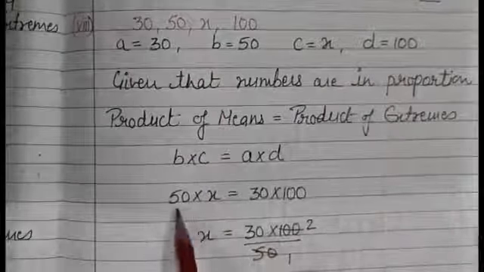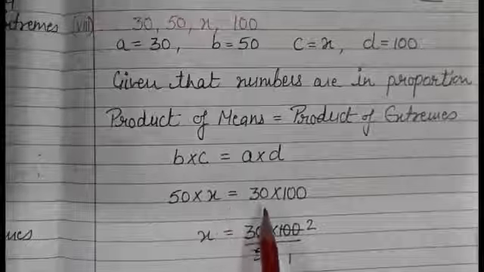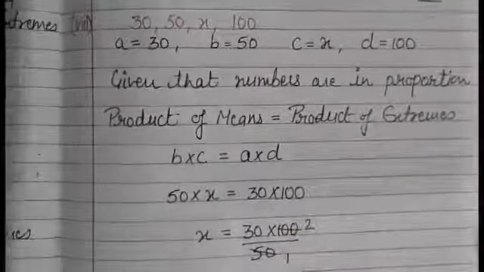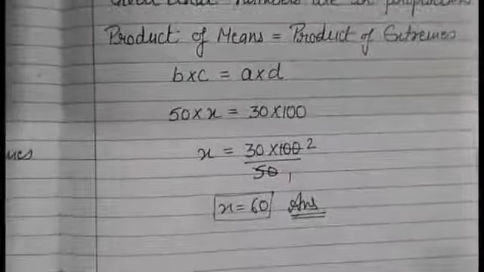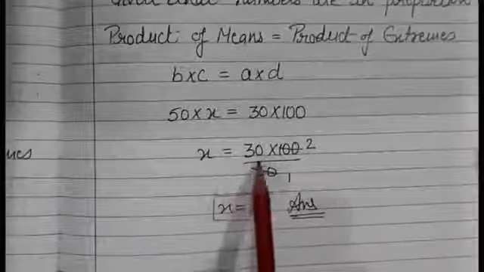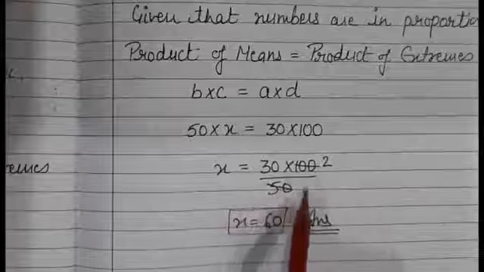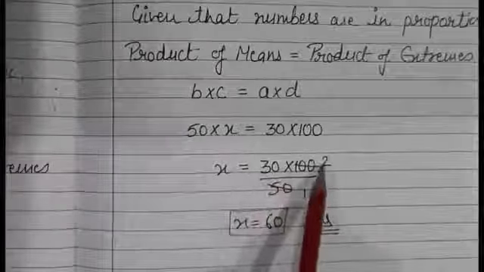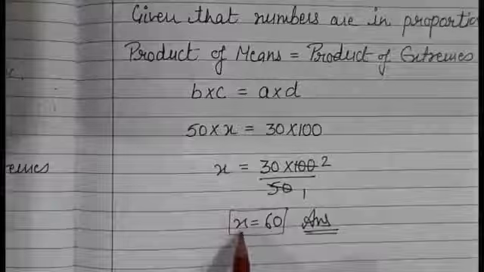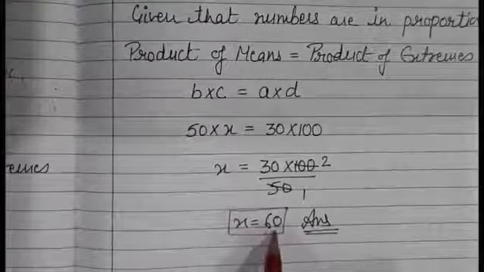So the equation will be 50 into x is equal to 30 into 100. When we calculate the value of x, it will come 30 into 100 upon 50. When we solve, 50 ones are 50, 50 twos are 100, 30 into 2 is 60. So the value of x will be 60.